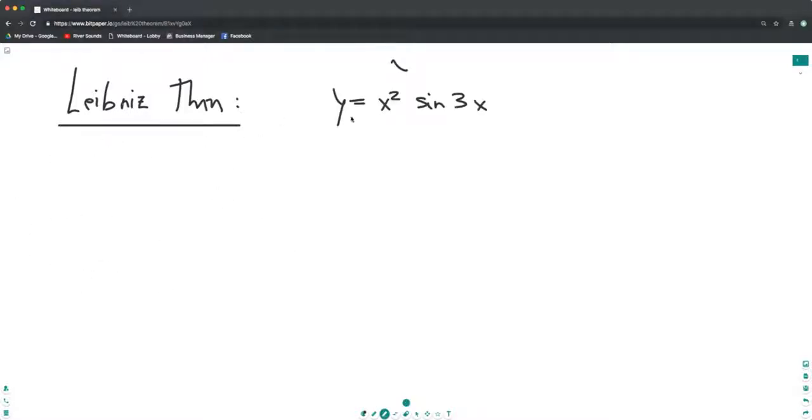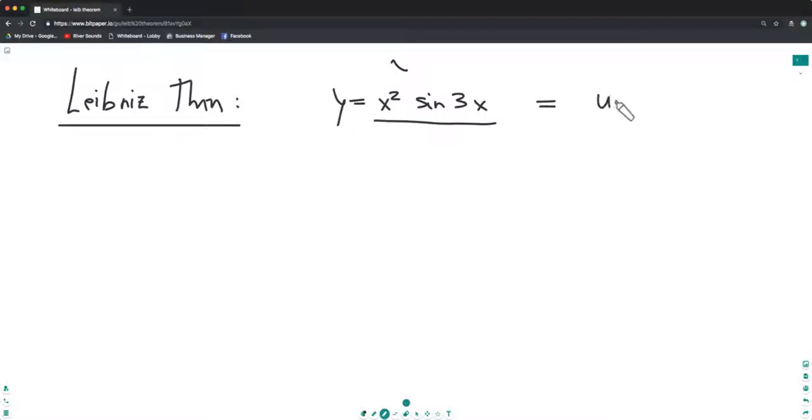So Leibniz theorem says you can write this as u times v, where u is going to be x squared, and v is going to be sine 3x.